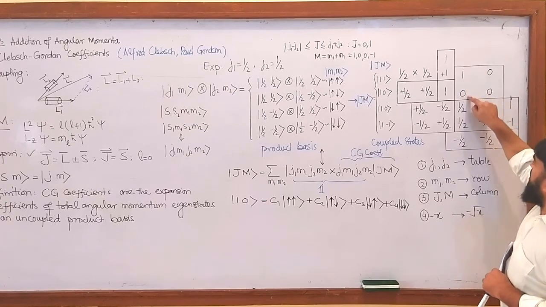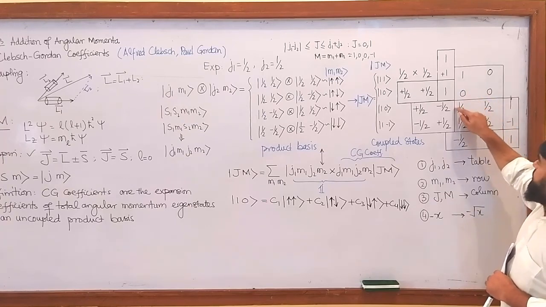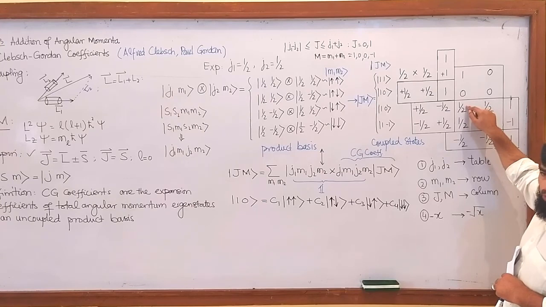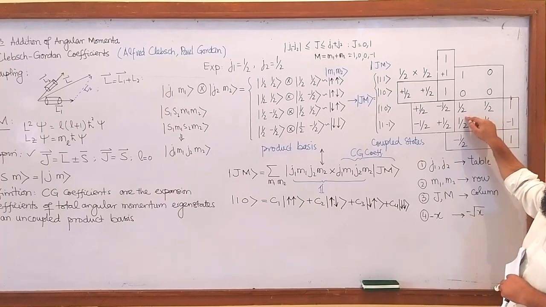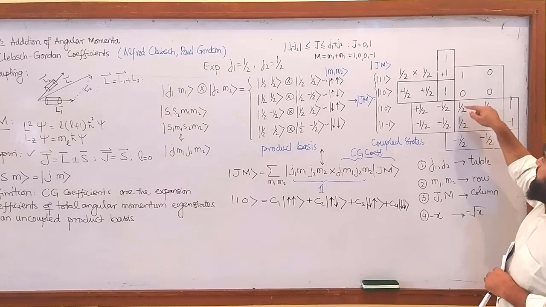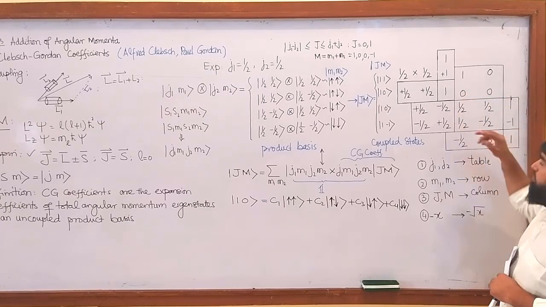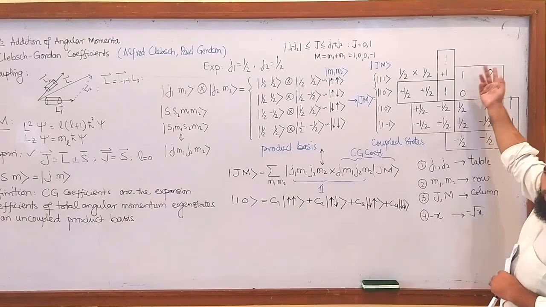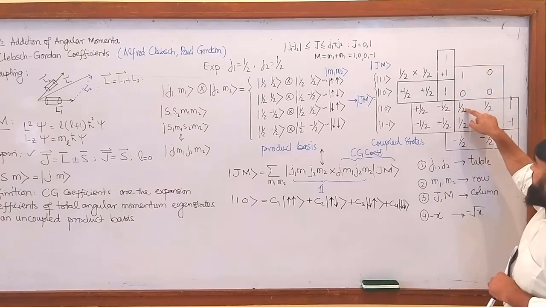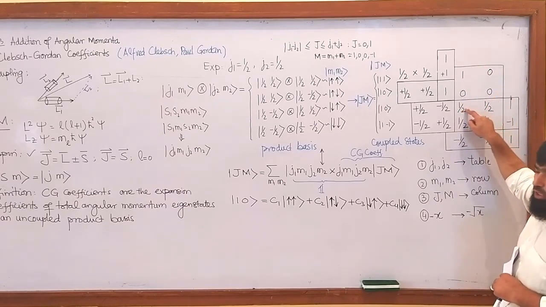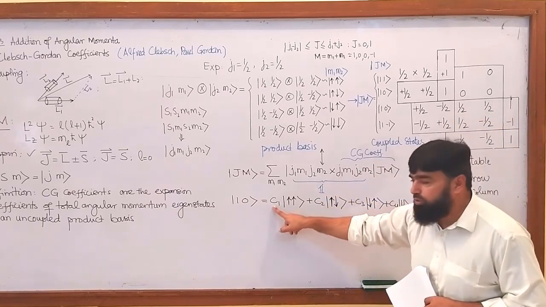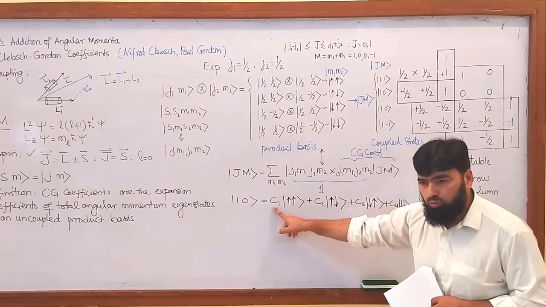The 1, 0 column gives us the coefficient 1 over 2, but take the square root of this, so it will be 1 over square root 2. Clear? All values are in square root form. The square root of 1 is 1, so it doesn't matter, but here the 1 over 2 becomes 1 over square root 2.